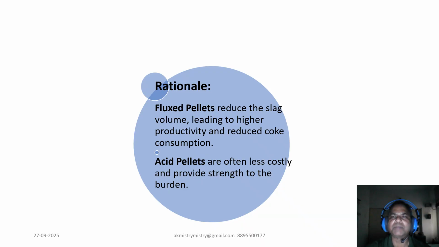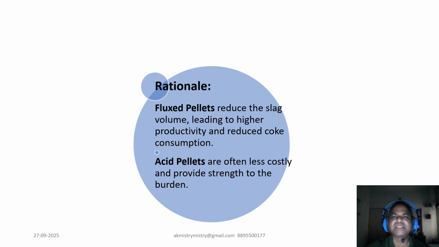Now coming to the acid and flux pellets, these acid pellets are often less costly and provide strength to the burden. Typically, acid pellets have a low basicity with a CaO/SiO2 ratio less than 1, as they are made primarily from iron oxide with minimal fluxing agent.